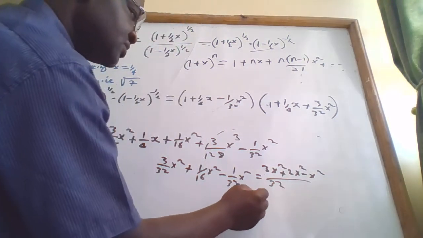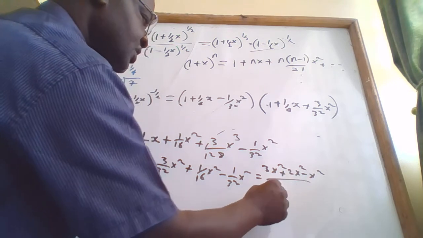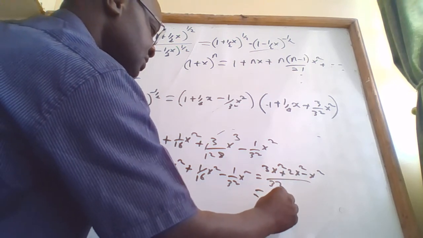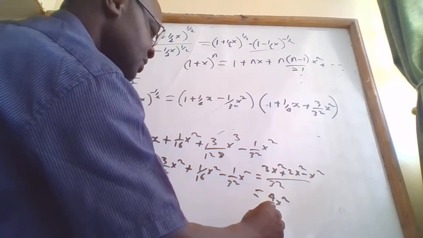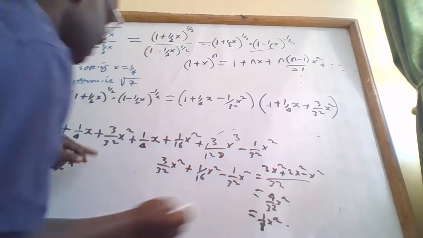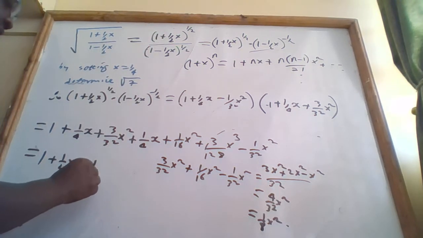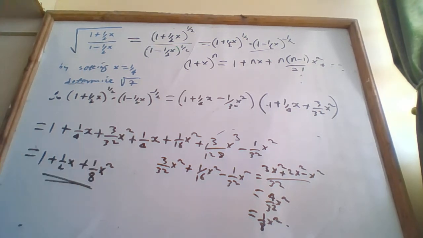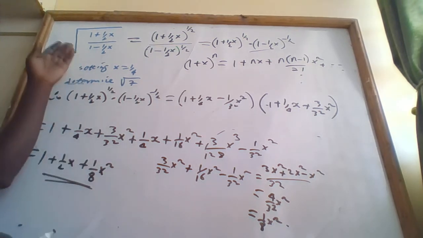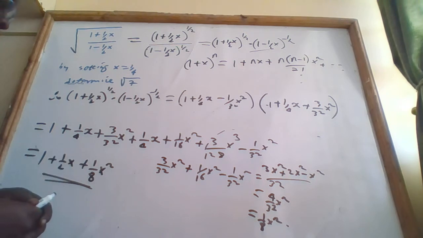So this equals 5 minus, so we have 4 over 32x squared, which is 1 all over 8 x squared, so plus 1 all over 8 x squared. So this is the first three terms of the binomial expansion.